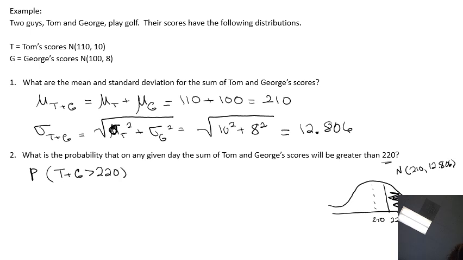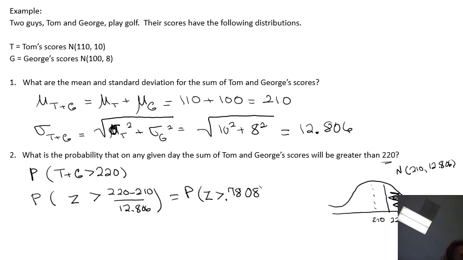That's equivalent to looking for the probability that their z-score is greater than 220 minus 210 over 12.806, or the probability that their z-score is greater than 10 divided by 12.806, 0.7808.